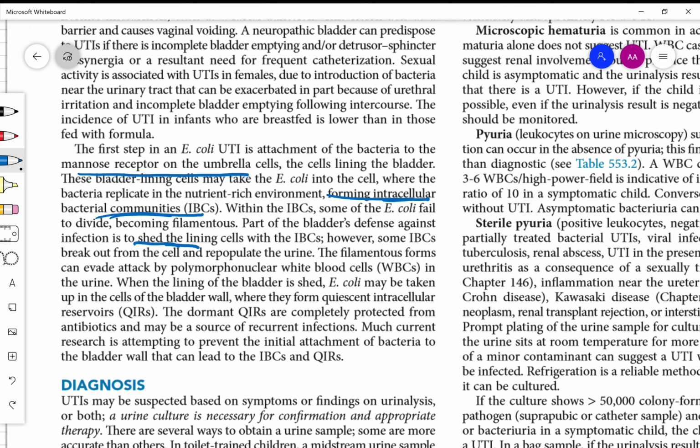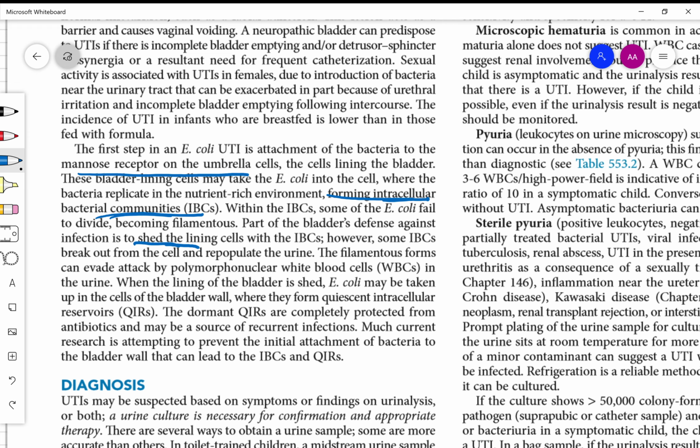But what happens is that some of the IBCs are released from the cell and repopulate the urine, and the filamentous forms which fail to grow intracellularly are not able to be cleared by the polymorphonuclear cells in the urine.